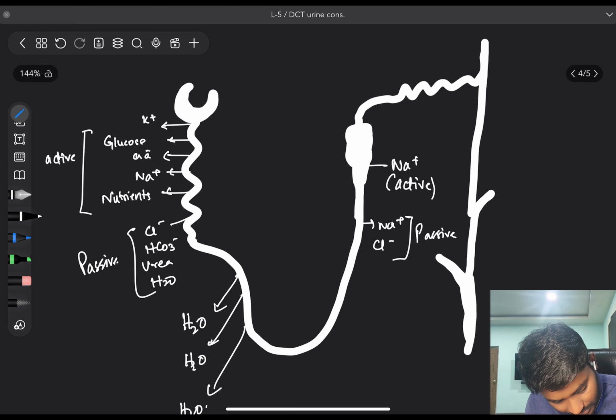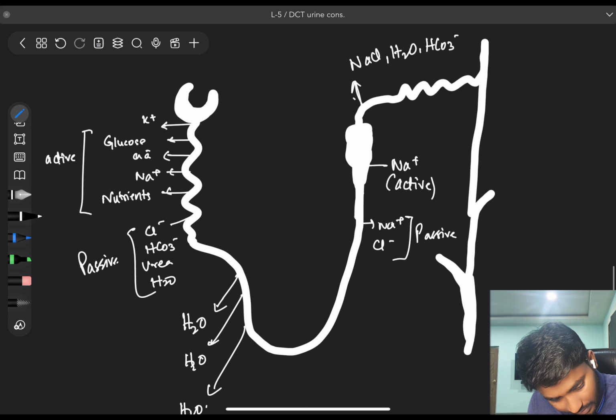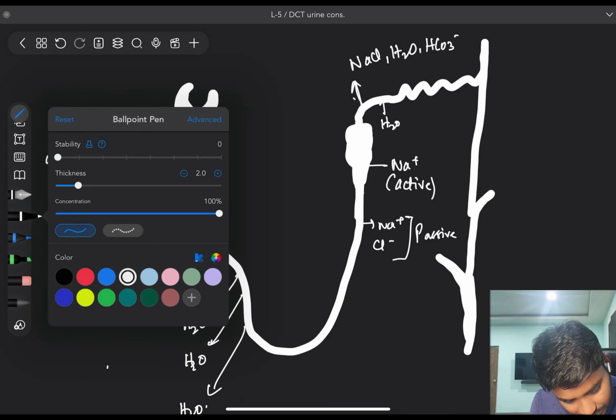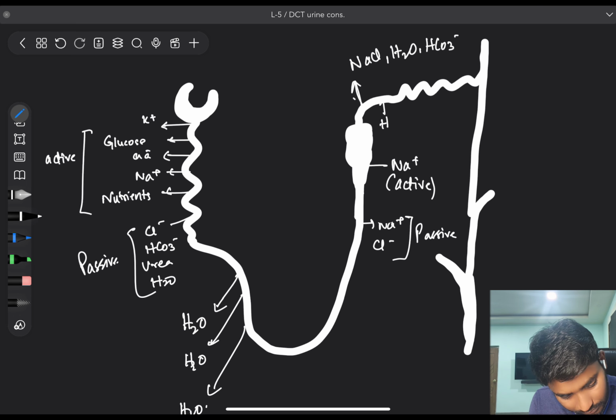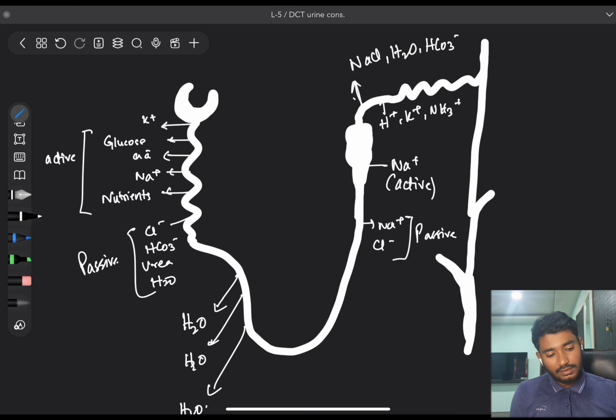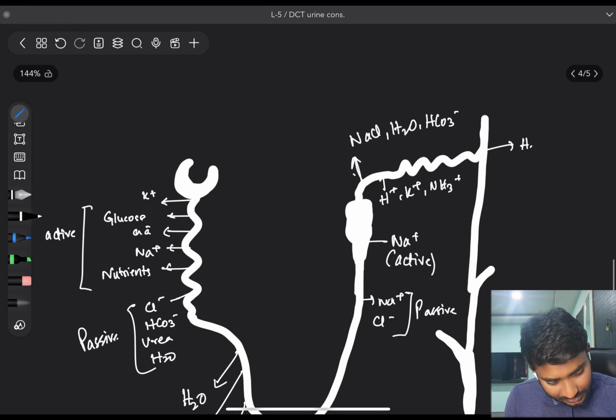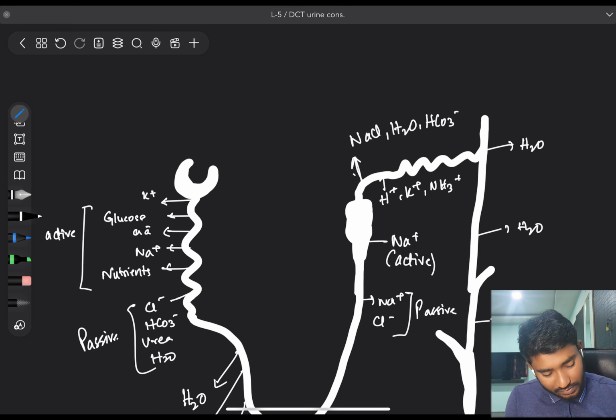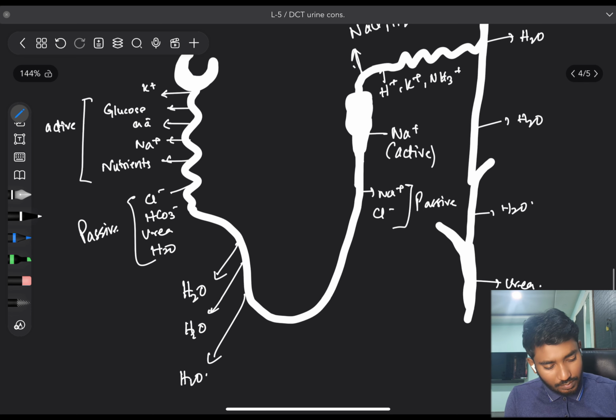Now here in the DCT part, NaCl, H2O, bicarbonates are absorbed under certain hormonal activities. Now here reabsorption of water, H plus, potassium and ammonium ions. Now in the collecting duct, water is reabsorbed if required, and a small amount of urea.